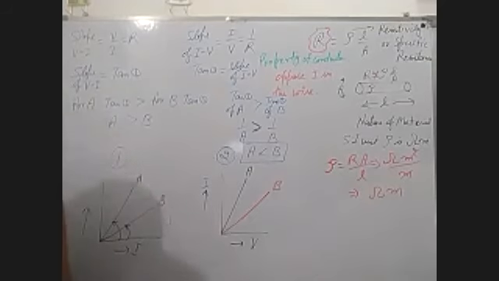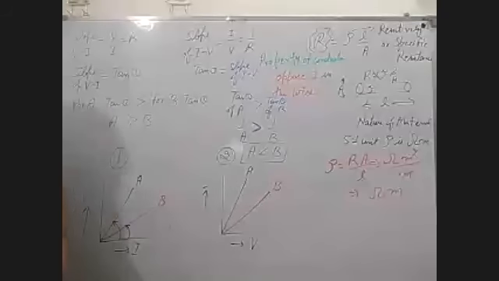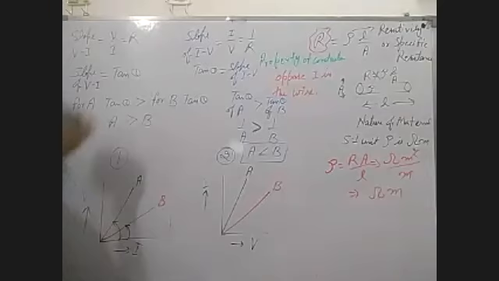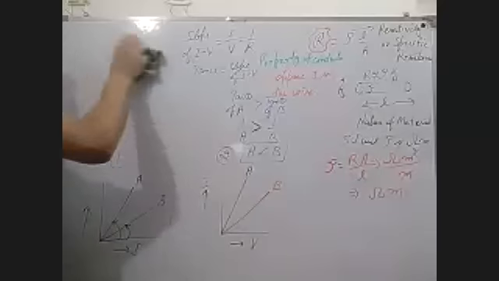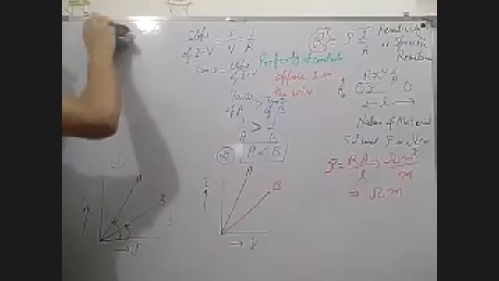Now another question is this: deduce Ohm's law. You have the current and drift velocity relation, and the mobility of electron. Now, by the use of these relations, how can you deduce Ohm's law?